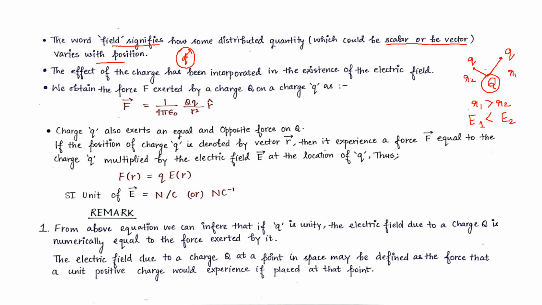Electric field lines are more powerful near the charges and less powerful away from the charges. Their magnitude decreases as it goes away. It varies according to which law? According to the inverse square law.